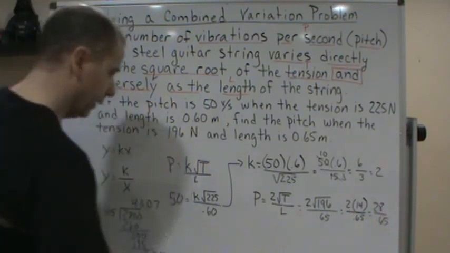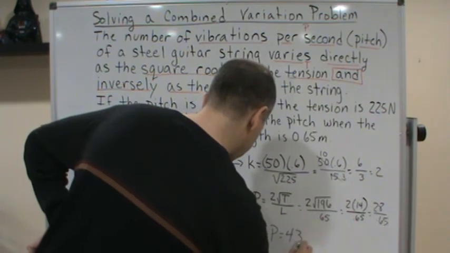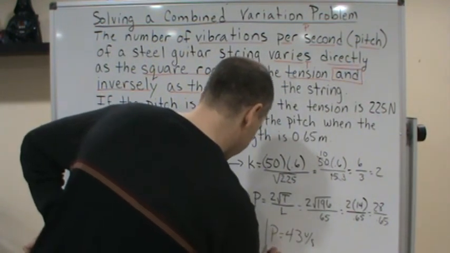So approximately, P is going to be about 43 vibrations per second.